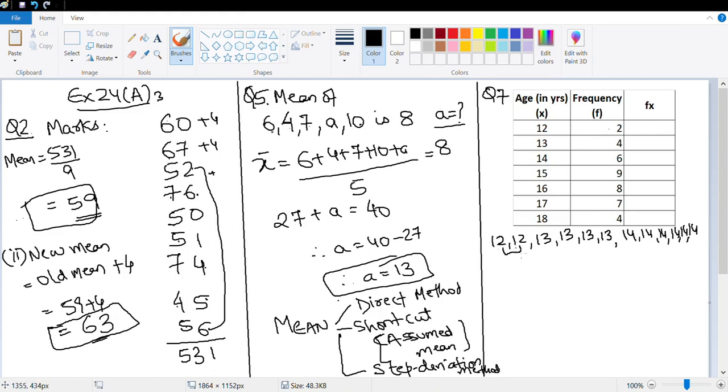So when I add 12 plus 12, which is basically 12 into 2, that is what I call fx.